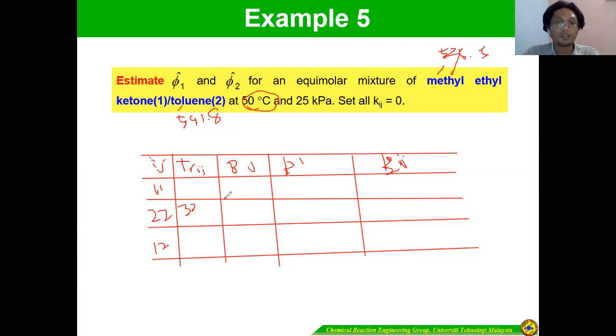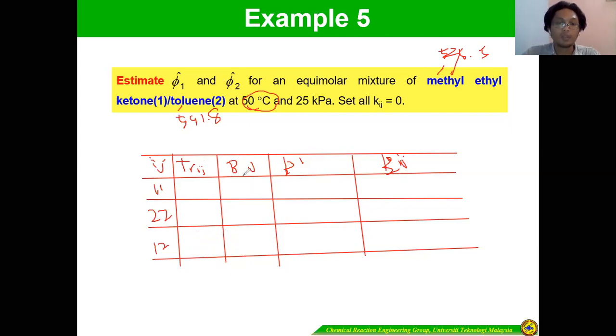And then for 12, TR12, which is the mixture, 323.15 divided by the critical temperature TC12 that you calculated previously. So that is for TR.